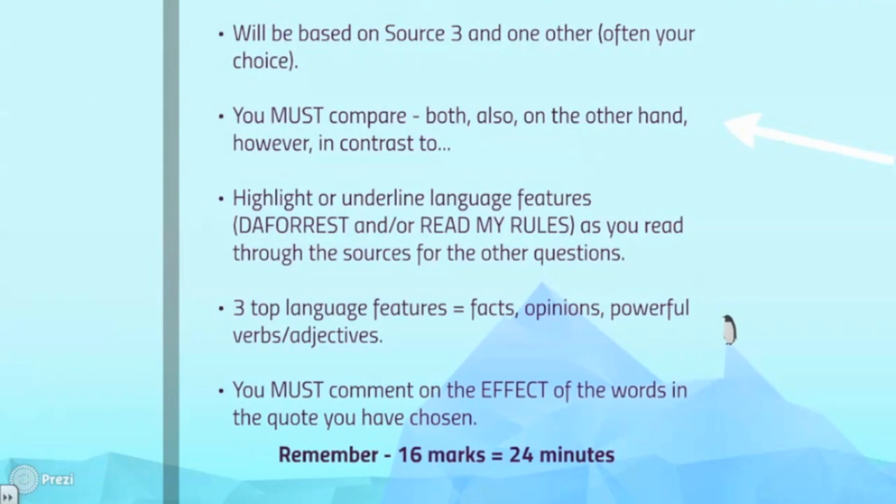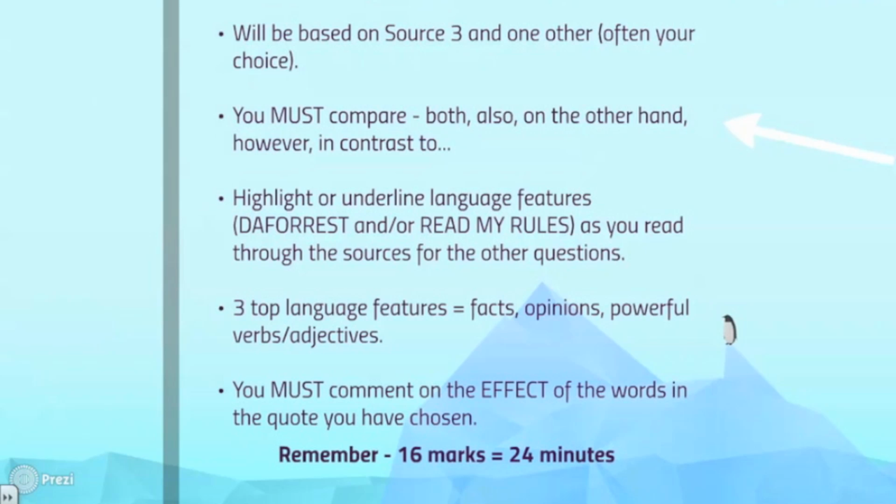So as you answer question 1, you might want to read through source 1 and underline your read my rules or DeForest techniques. Again, for question 2, you're going to be analysing the language within the headline anyway, so do the same for that. And then source 3, you know you're definitely going to have to answer on the language features question for that one, so make sure you are underlining those as you go. It saves you a little bit of time when it comes to question 4.